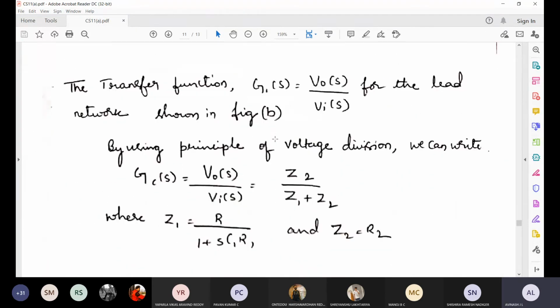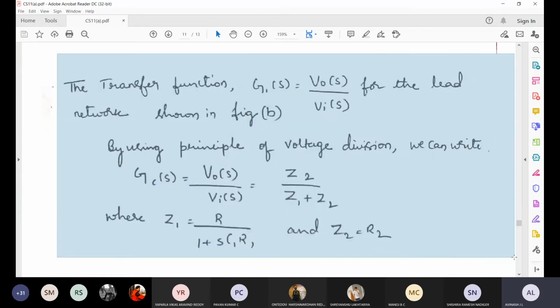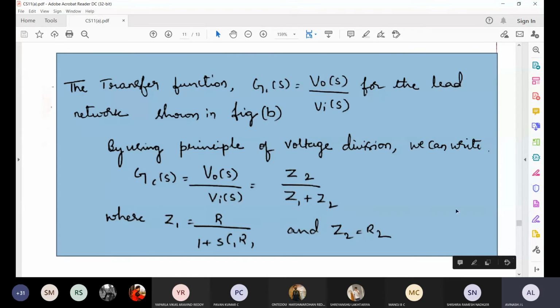Now for that circuit, we are writing the equation for the input and output, that is the transfer function.